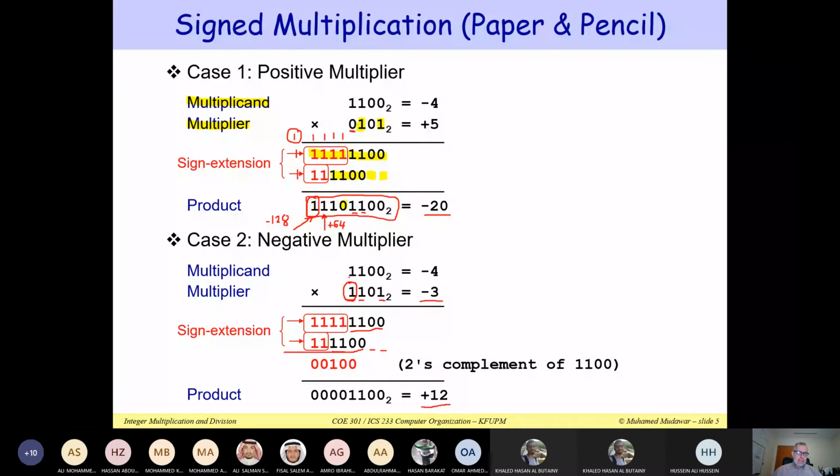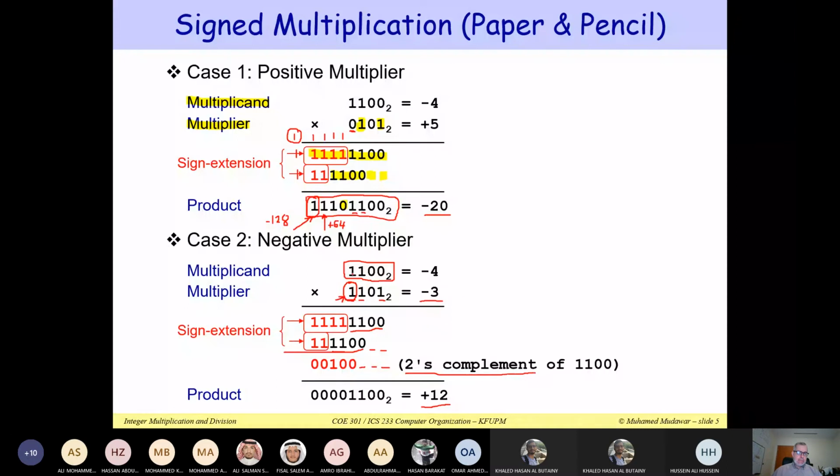Basically, you are multiplying the multiplicand by this most significant bit, which has a weight of negative 3. So we shift to the left by 3 bits. So these are just 3 zeros. And we write the multiplicand, but we have to take the 2's complement of the multiplicand.